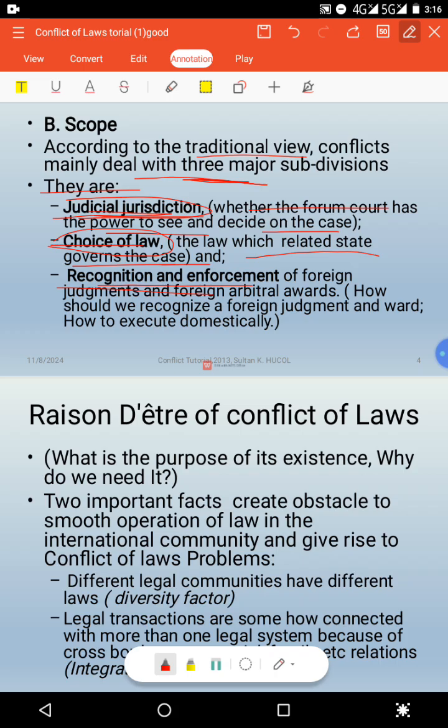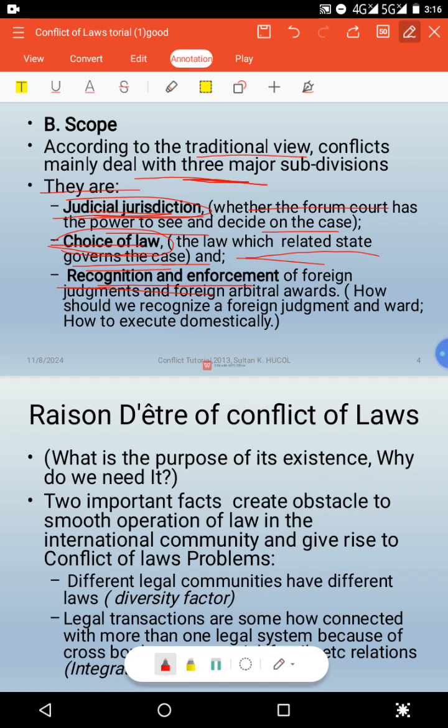If it has the power to decide on the case, we will give the power to entertain the case to it. We will discuss it in the next videos. The second point is choice of law, the law of the related state which governs the case. And the third point is recognition and enforcement. We will see it in the next portion.